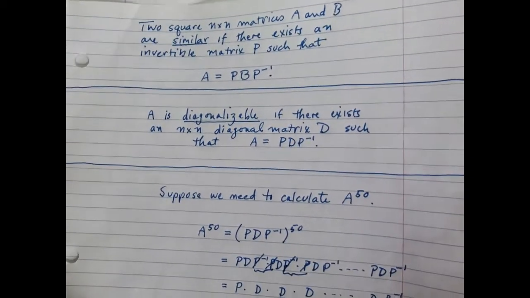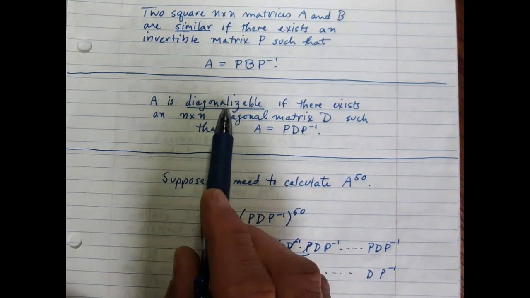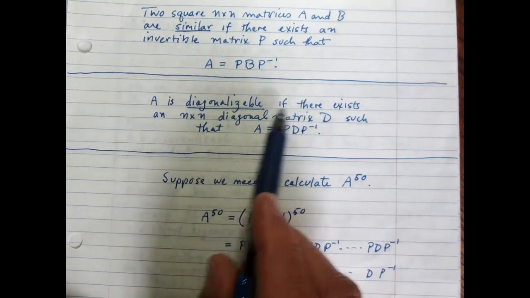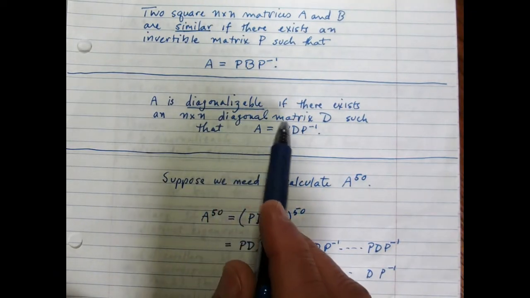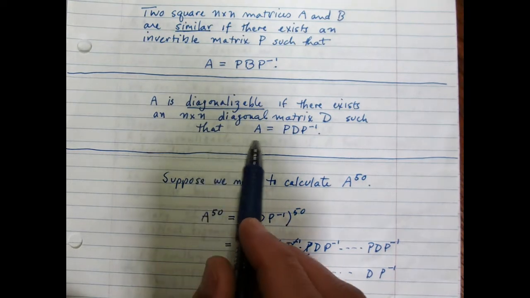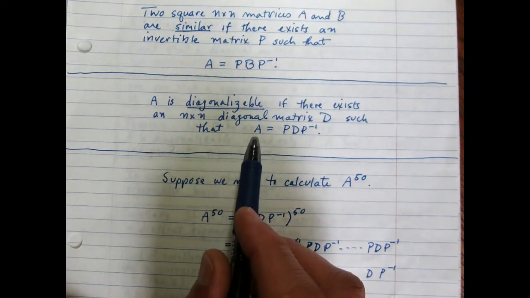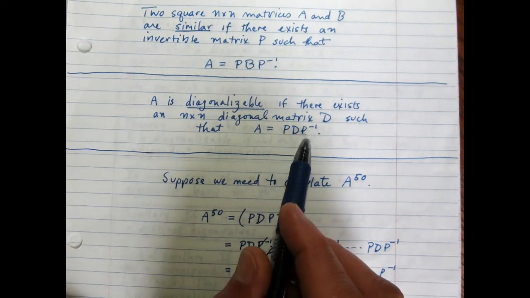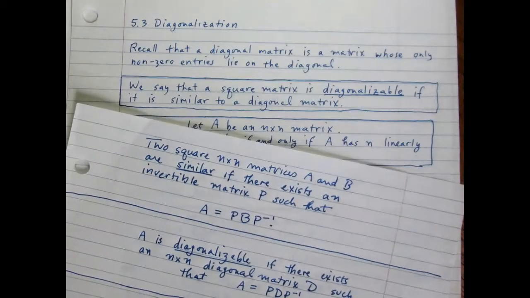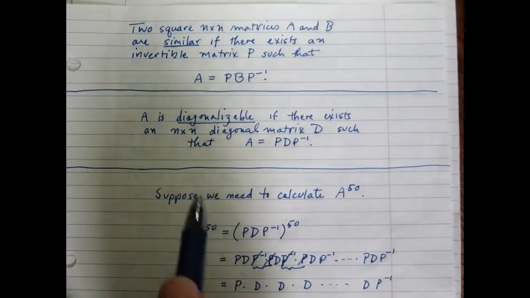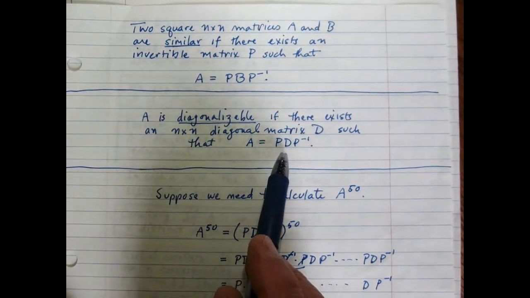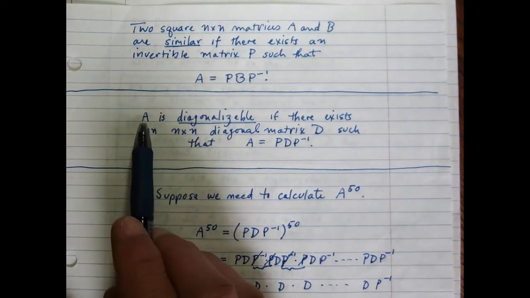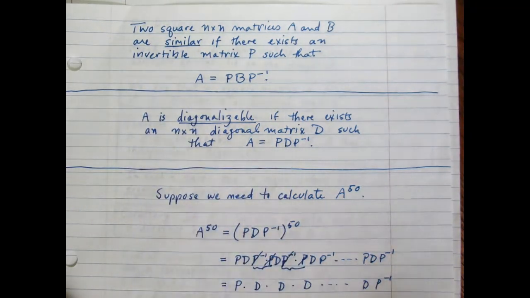And so a diagonalizable matrix is one where there's a diagonal matrix D such that the given matrix A is equal to PDP inverse. And so the question might be, why would we care about whether a matrix is diagonalizable or not? Why would we care about whether a given matrix is similar to a diagonal matrix?